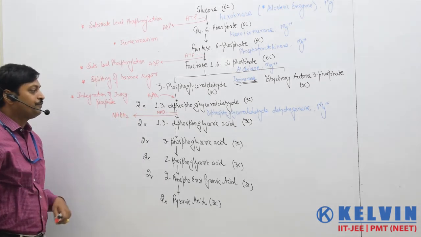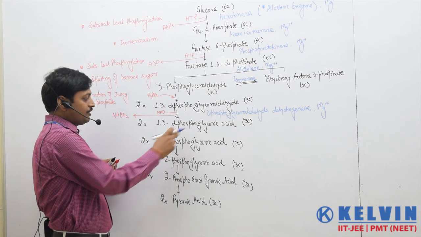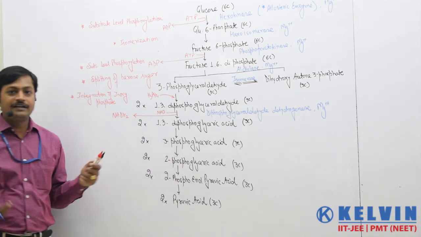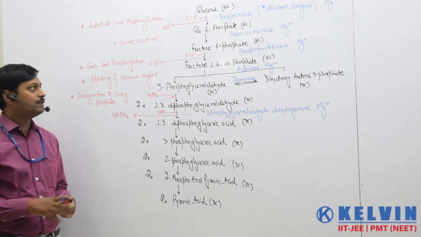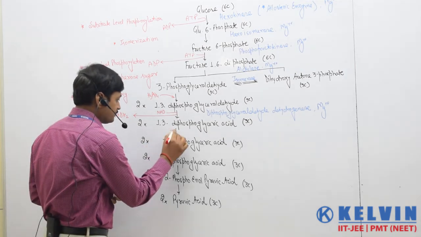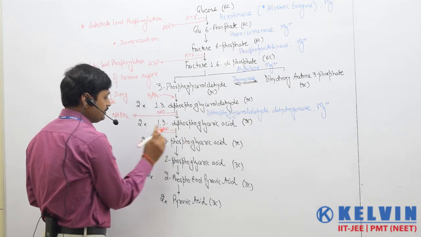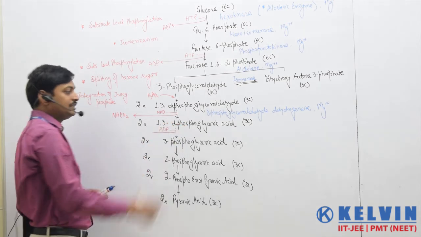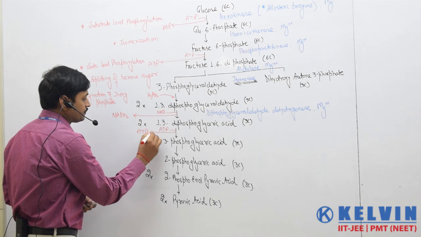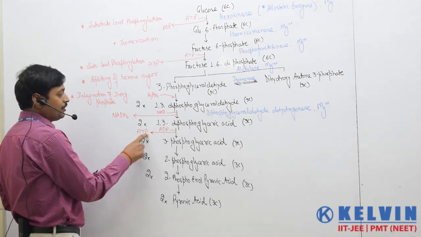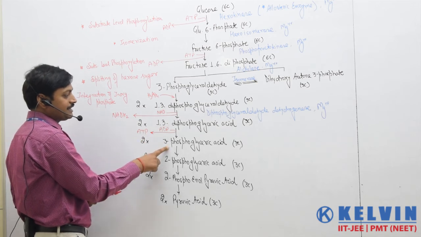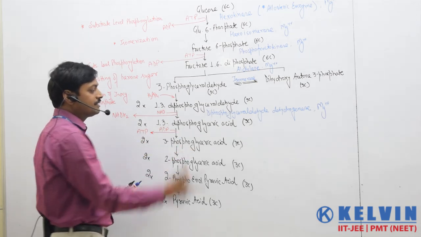From 1,3-diphosphoglyceric acid, now we have 3-phosphoglyceric acid. Here one phosphate is removed, and that phosphate is picked up by an ADP molecule to convert into ATP, so one molecule of ATP is formed. One phosphate is in ATP and one phosphate remains as such, so the product will be 3-phosphoglyceric acid.